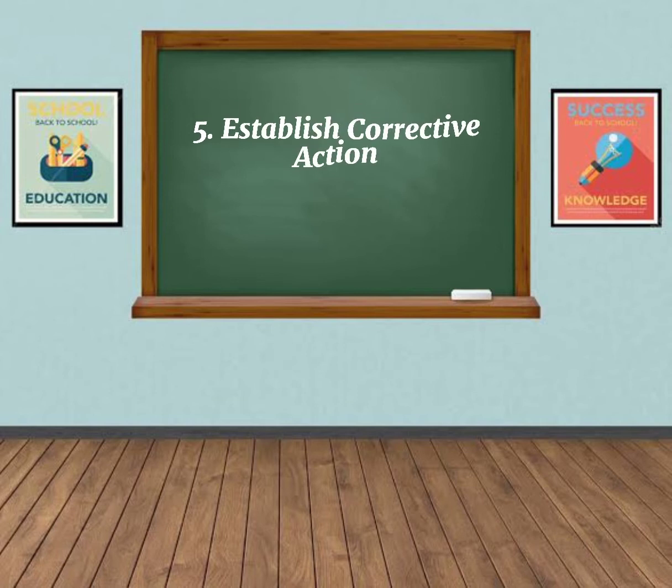Number 5, establish corrective actions. Corrective actions are the actions that must be taken if a deviation from an acceptable critical limit occurs. These are either immediate or preventative. An immediate corrective action is stopping a breach that is happening now.